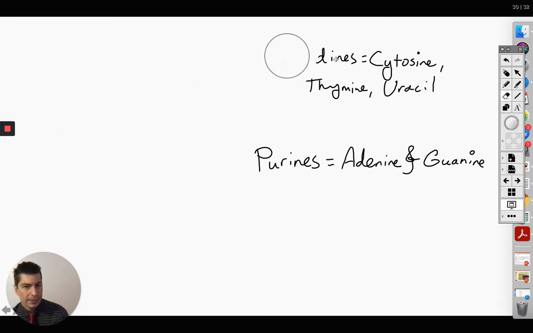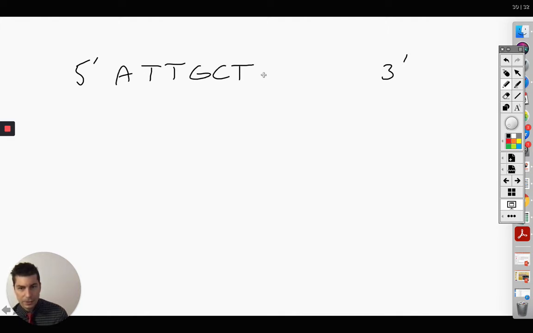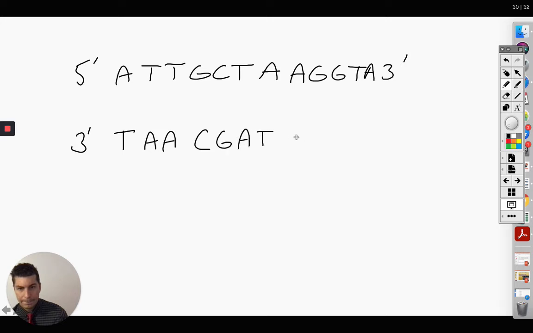One more thing to go over with DNA, guys. If we have a strand of DNA, one side of it, we're always going to have a 5' and a 3'. So if we did A, T, T, G, C, T, A, G, G, T, A, the other side would read, so A goes to T, apple in the tree, T goes to A, and so on.